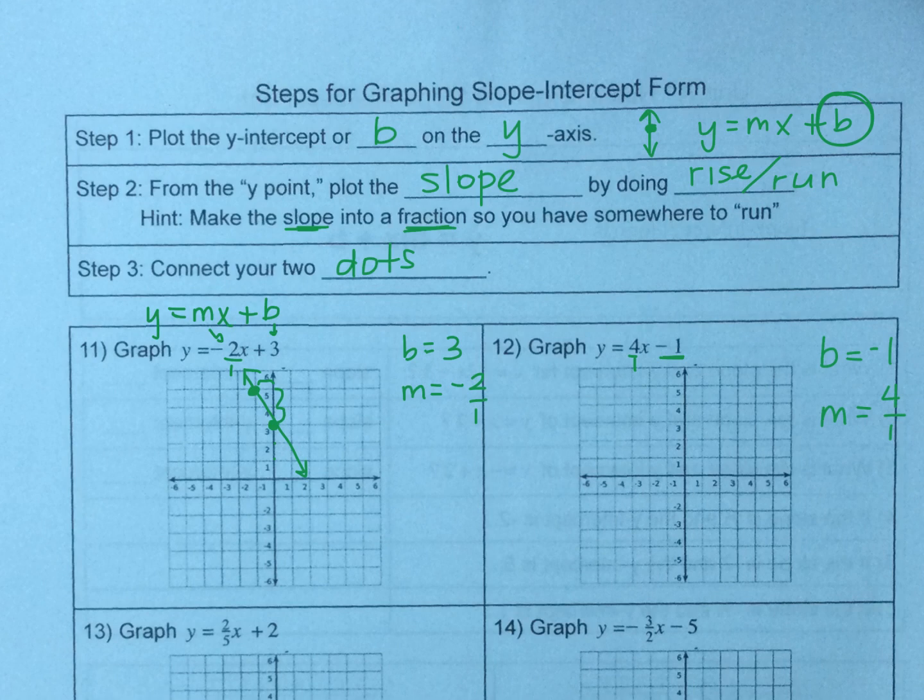So let's graph it. On the y line, which is up and down, I put my first dot at -1. My slope says that from that dot I rise 4. 1, 2, 3, 4, and run negative, nope, it's a positive, and I run positive 1. So now I have 2 dots, and I can connect them, and I have a line.